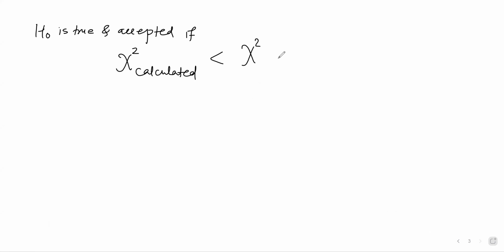H0 is true and accepted if chi-square calculated is less than chi-square with the degree of freedom k minus p minus 1 at alpha, where alpha is the level of significance, correct?